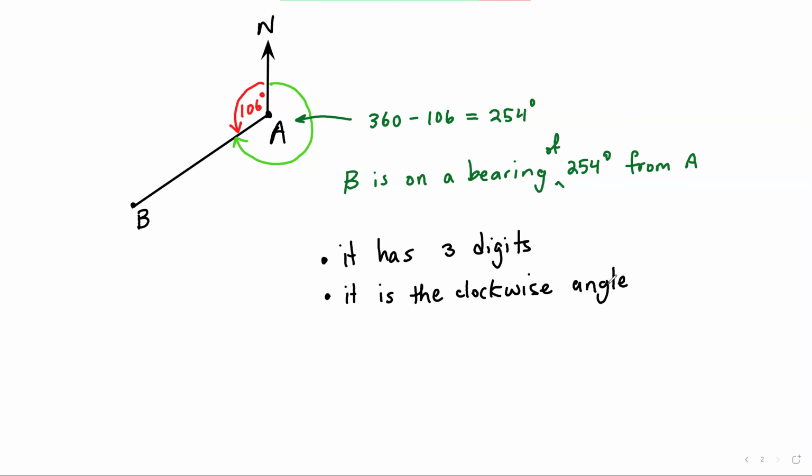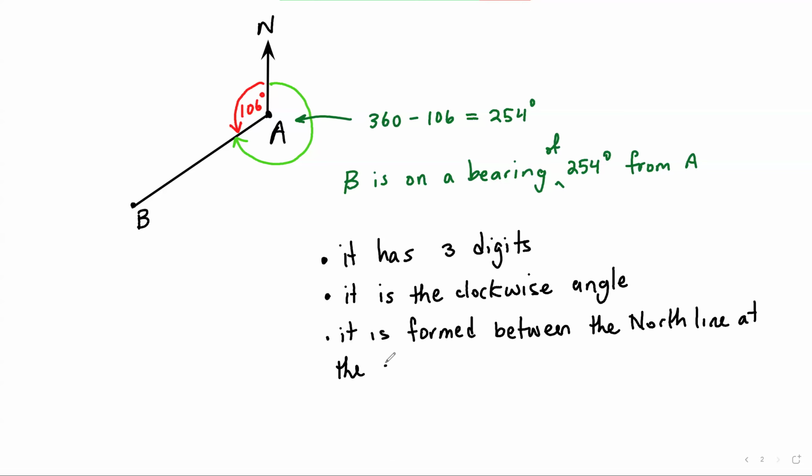It is formed between the north line at the starting point and the line connecting the two points, right? So those are some things to know about your bearings.